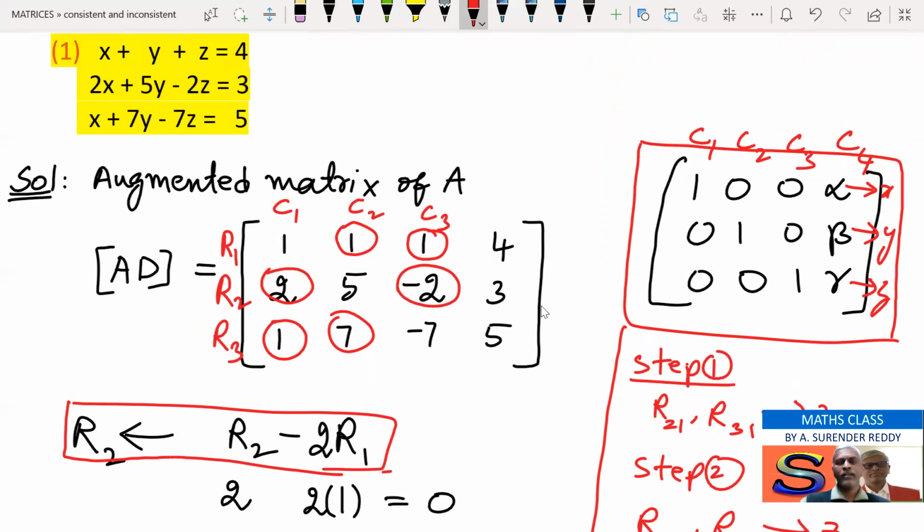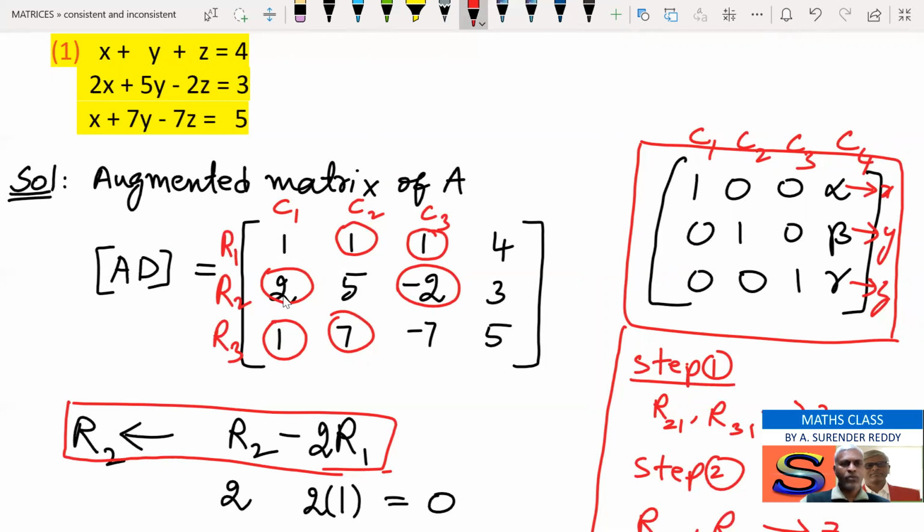There are 4 elements, and for all these 4 elements we are changing with the formula R2 minus 2R1. What is R2? Second row element. What is R1? First row element.